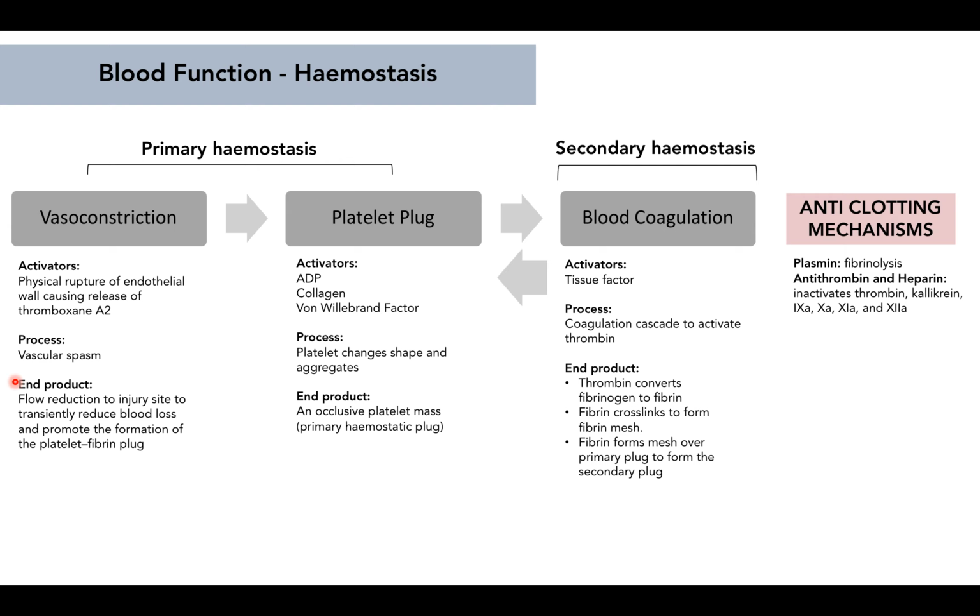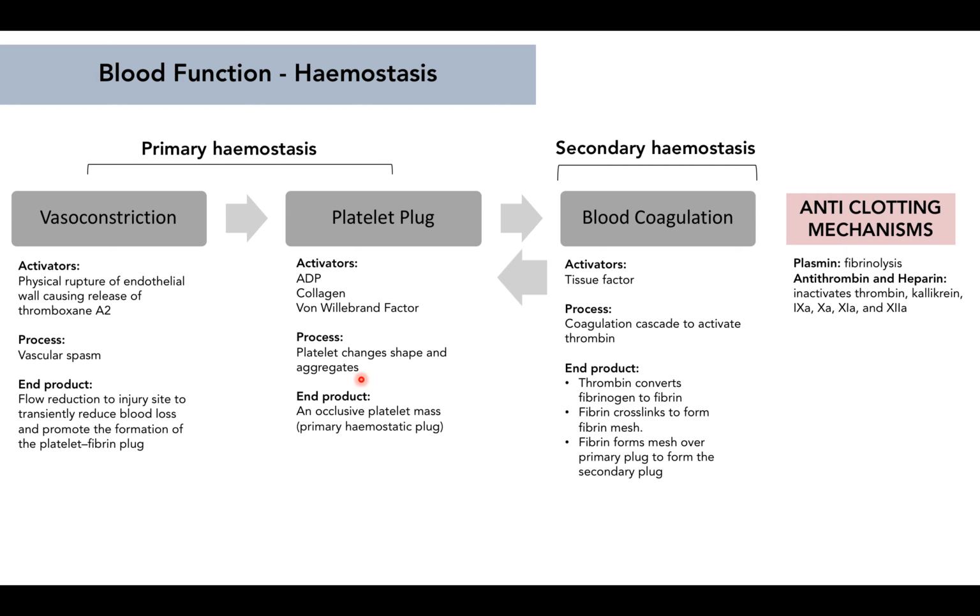So your vessels will contract, or vasoconstrict, to reduce the amount of flow into the wounded area. When we reduce the amount of flow, we can transiently reduce the blood loss. And then once we've got that down, there are going to be other chemicals released by the wound, and these are ADP, collagen, or von Willebrand factor.